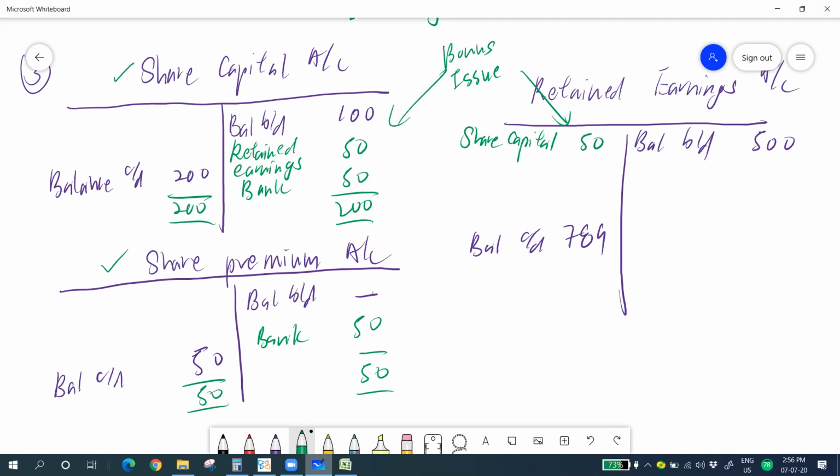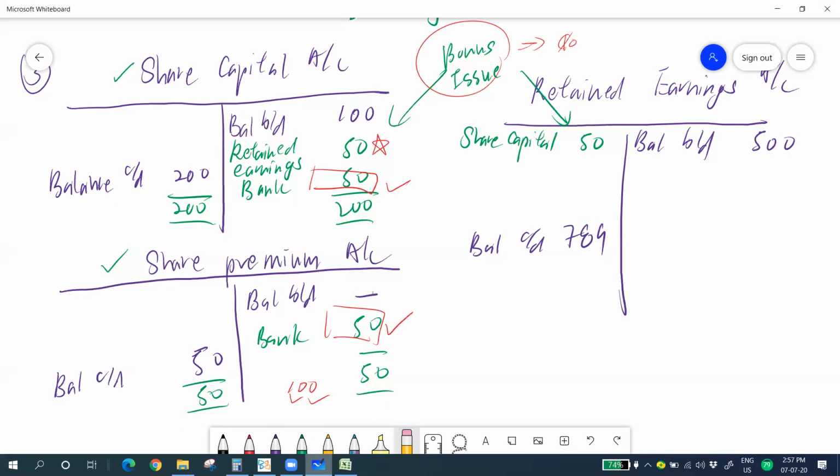Don't know. Okay. The correct answer: this and this. These two we have to show in our cash flow statement. 100. Why? Because these two are the actual collection of money from the shareholders due to the selling of shares, the issuance of shares. And this 50, do we receive any money from this 50? No, right? Because this is a bonus issue.